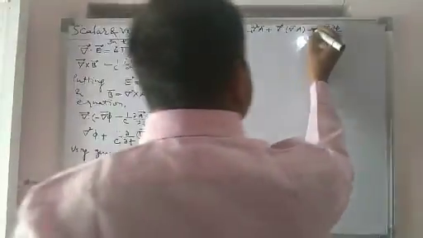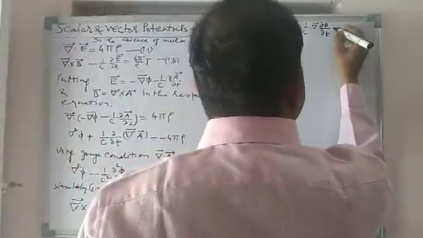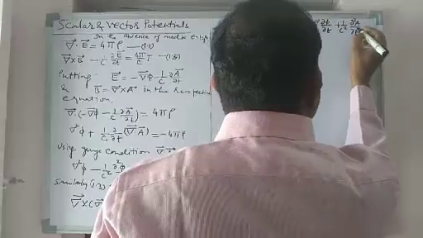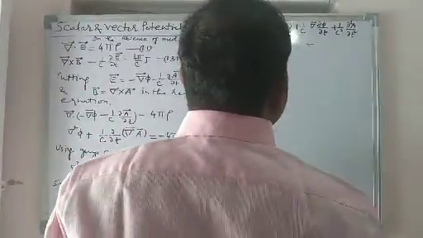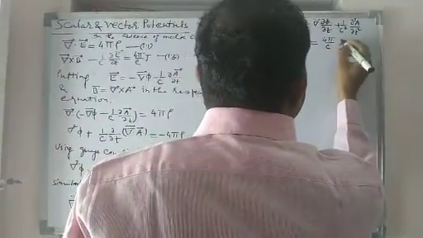So this is going to be a plus sign, and minus minus plus 1 over c squared del squared A by del t squared, and this is equal to 4 pi by c J.